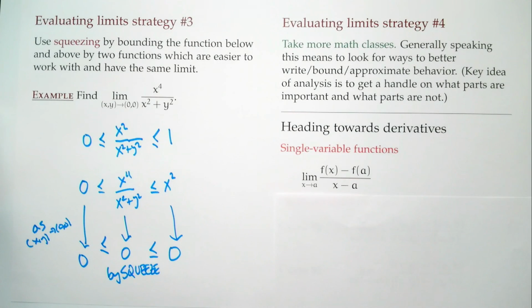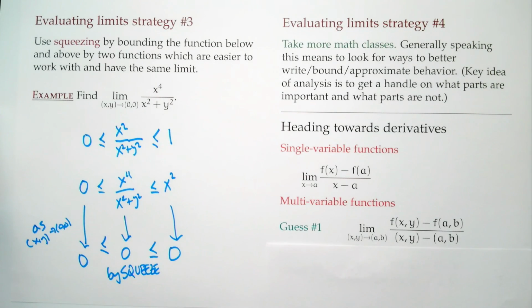All right, we'd like to generalize this to multivariable. So we think about the obvious thing and say, oh, here's our first guess: take f of (x, y) minus f of (a, b) over (x, y) minus (a, b), right? I mean, that would seem the obvious first guess.